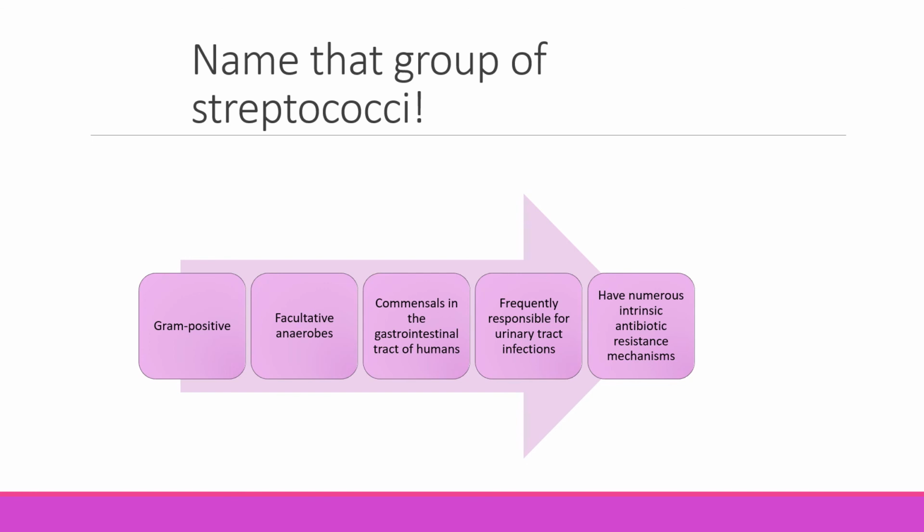So as an opportunistic pathogen, they are commensals in the GI tract, and they're responsible for causing UTIs, intra-abdominal infections, bacteremia that can result in meningitis and endocarditis. What is it? If you said enterococci, you would be absolutely correct.